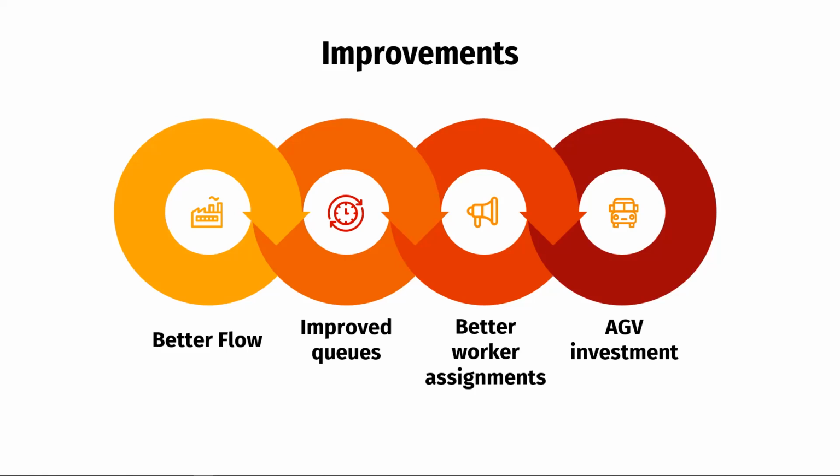Also, there's an AGV investment that is going to carry that work of transporting the final product and storing it in the racks. That will be the logistics of the process.